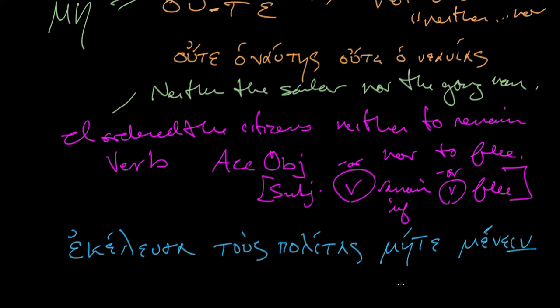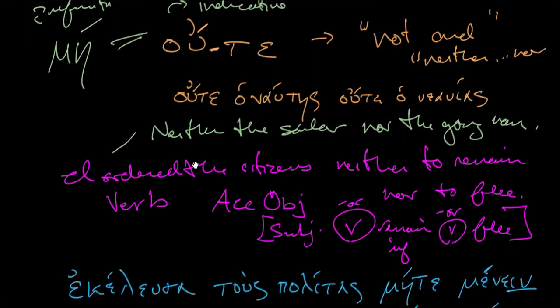Remember our infinitive ending there. Mete, nor to flee. Pheugein. Good. Complicated, yes? Okay, but we're getting there.